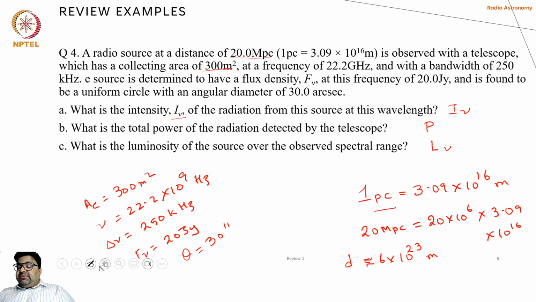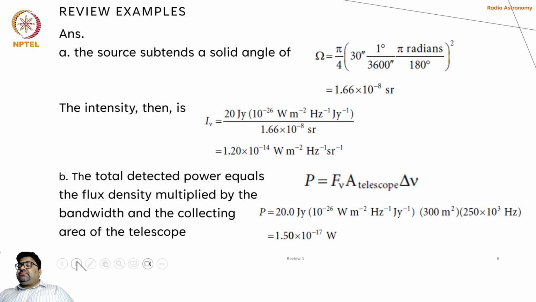Okay, so let's see how we go about this. So first of all, the source solid angle. So we know that is 30 arc second. So we convert that, it's a circular source. So theta major is equal to theta minor, 30 arc seconds, and we do that, and then finally we get 1.66 into 10 to the power minus 8 steradian.